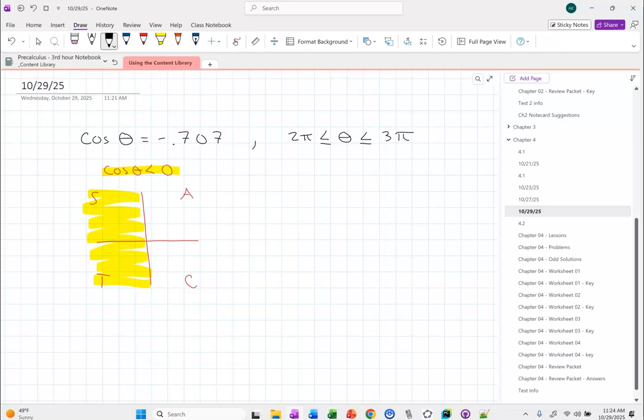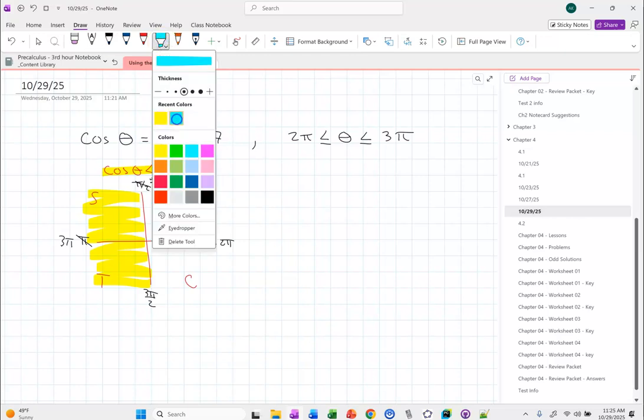Next, I want to find out what quadrants are covered by 2 pi to 3 pi. I start counting at 0. Which direction am I going to go, clockwise or counterclockwise? Counterclockwise, because 2 pi and 3 pi are positive angles. Each quadrant is a half, so a half, 1, 1 and a half, 2, that's the start, 2 and a half, 3, that's the end.